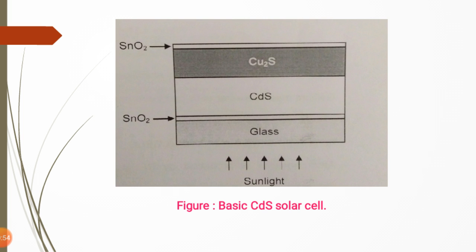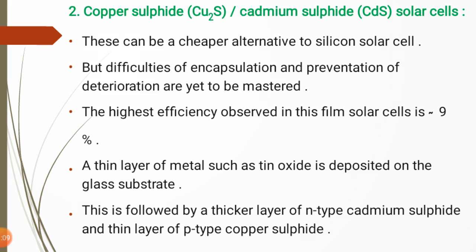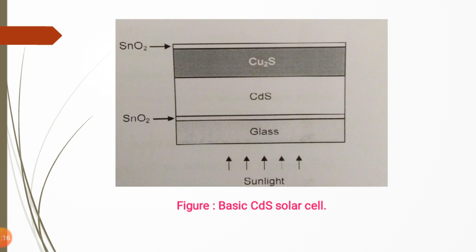So this is the arrangement of the copper sulfide or cadmium sulfide solar cells. This is the basic CdS solar cell. So first there is a glass substrate on which there is the layer of tin oxide, and after that there is CdS, and CdS means cadmium sulfide, which is the N-type material, and after that Cu2S, that is copper sulfide, which is the P-type material, and after that there is again the SnO2 layer, that is a tin oxide layer.